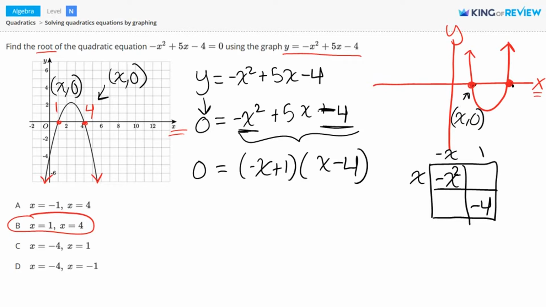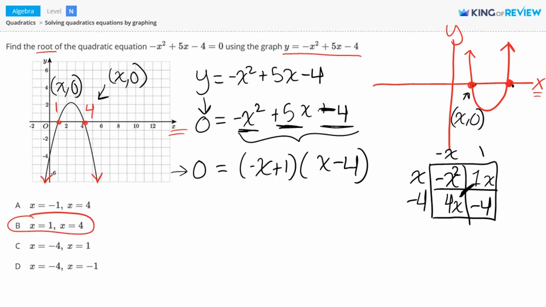Well, 1 and negative 4 multiply together to give negative 4. Working out the rest of the box, we have negative 4 times negative x gives 4x, and x times 1 gives 1x. If you add these two boxes together, 4x plus 1x, you get 5x here. So that's how I factored and got 0 equals negative x plus 1 times x minus 4.